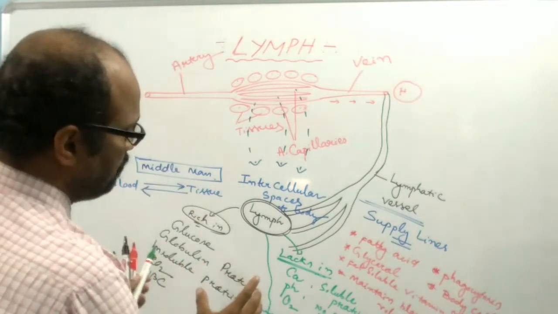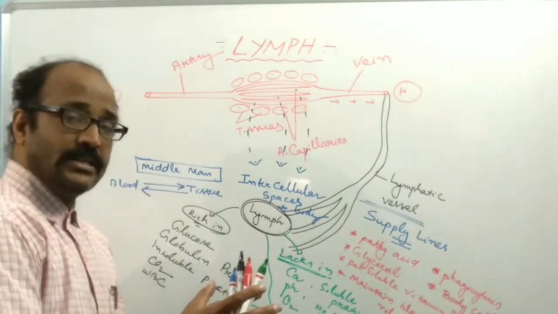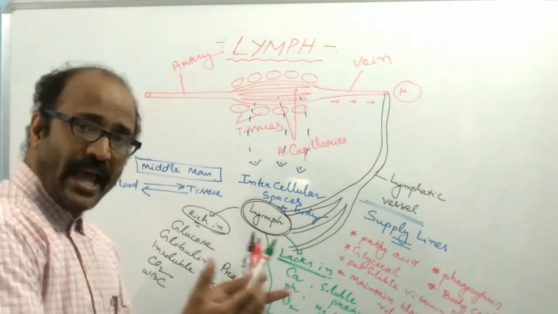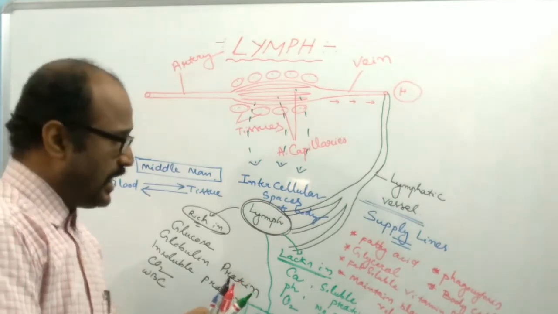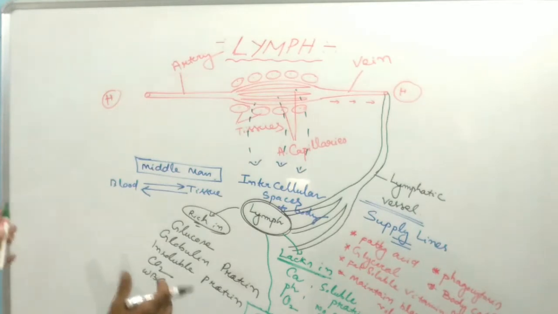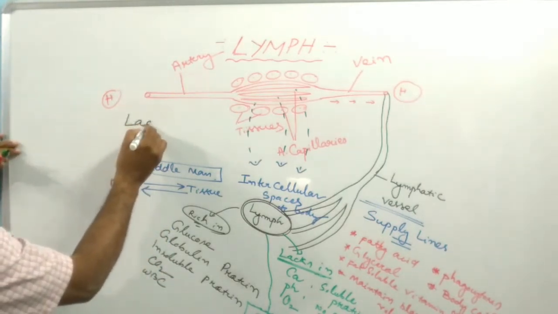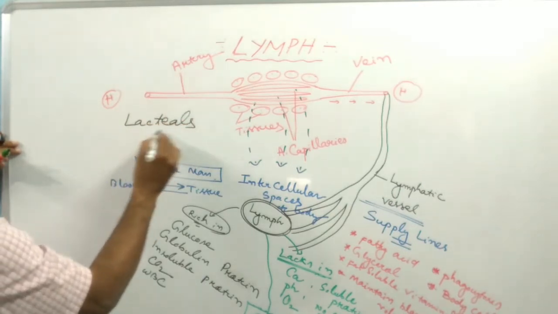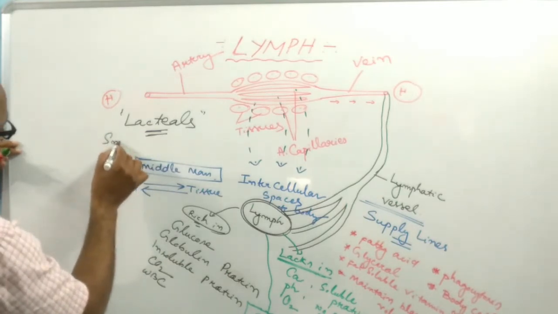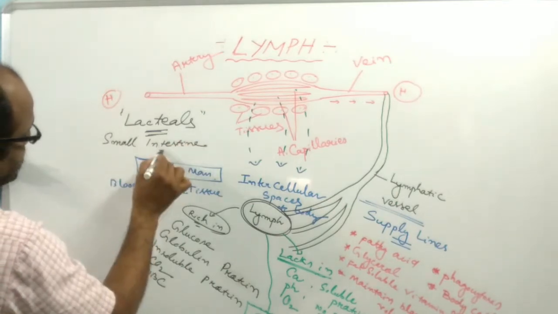Through lymph, digested fat is absorbed, and a special structure present in our small intestine, known as the lacteals, does this.